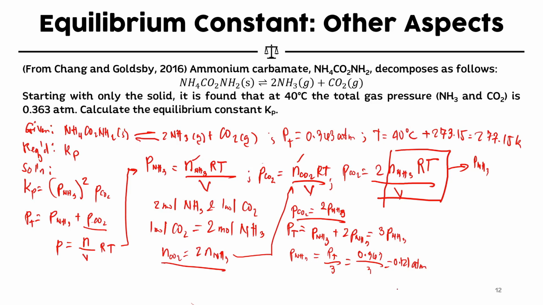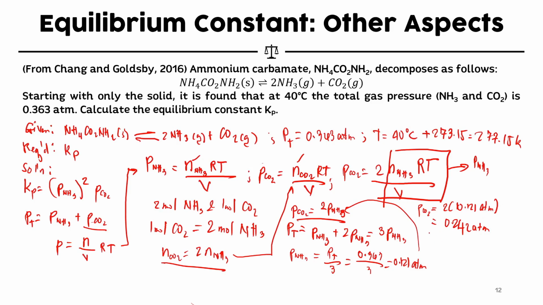And we can use this, we can substitute this expression to here to get the partial pressure of carbon dioxide. So the partial pressure of carbon dioxide is 2 multiplied by 0.121 atmospheres, and that is equal to 0.242 atmospheres. So we can now get the Kp since we already have the partial pressures for the components.